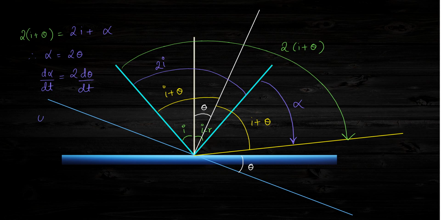That means omega of the reflected ray, omega being the symbol we typically use for angular velocity, is equal to 2 times omega of the mirror. I'll write this equation again clearly: omega of the reflected ray is equal to 2 times omega of the mirror. So this is one conclusion that we have to remember.